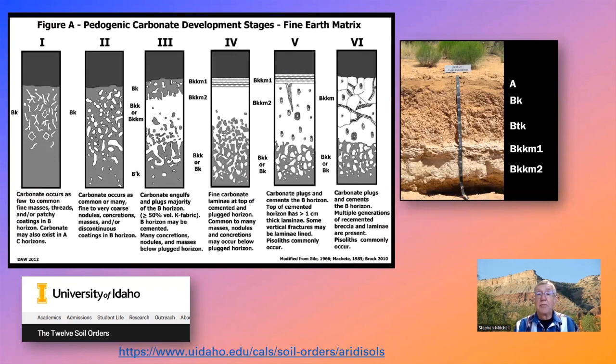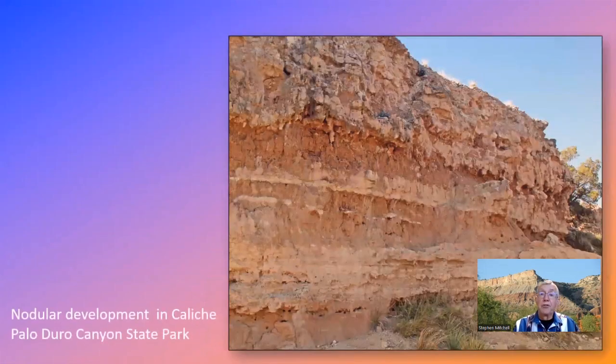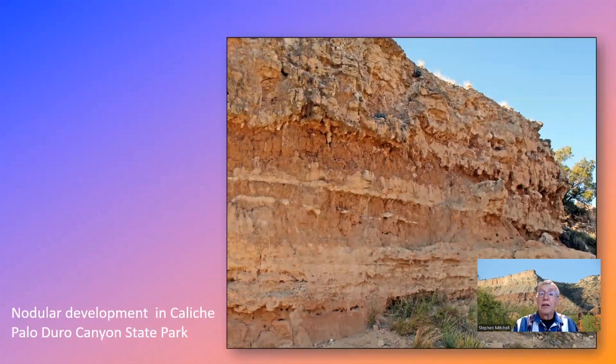So what do we see in Palo Duro Canyon? Here are some features in Palo Duro Canyon where you see a lot of layers with nodules growing down in them, and a lot of nodular development coalesced into these layers.